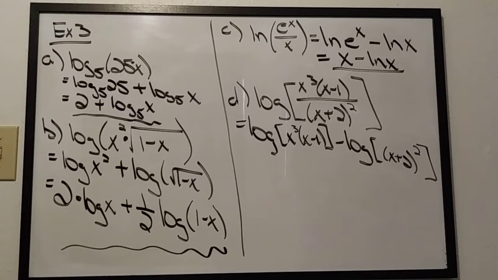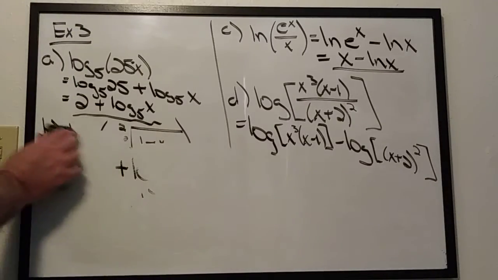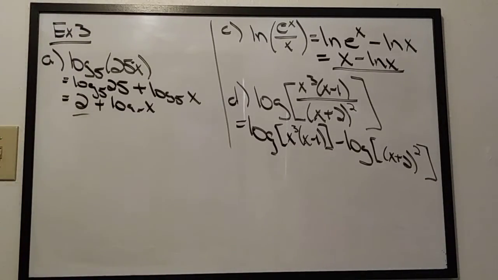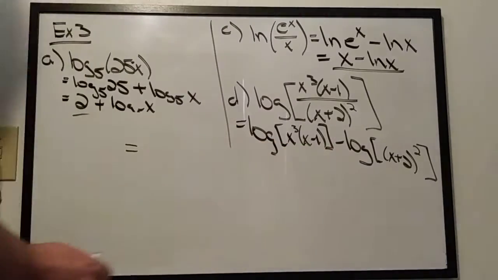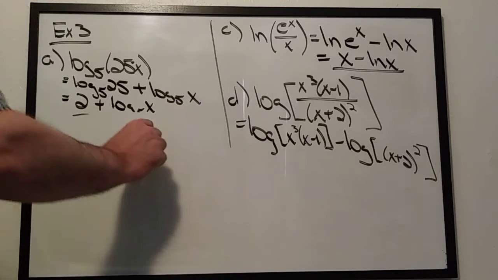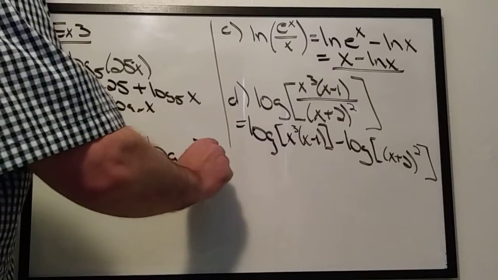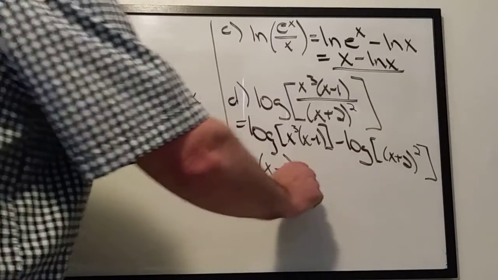Now, in order to make sure that I have enough space here, I'm going to go ahead and do some erasing and then do some expanding here. So, okay, if we're going to come in and break this up using the addition ideas, I know that there's a connection between multiplication and addition. So this is going to be log of x to the third plus log of x minus 1.